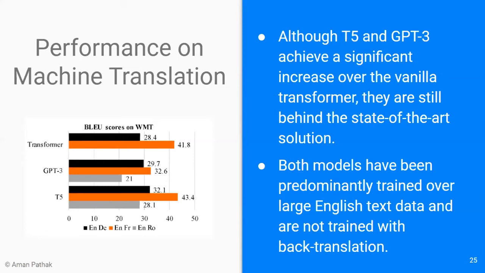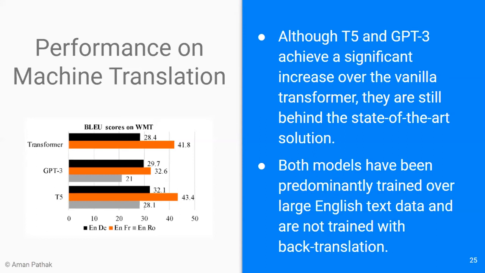GPT-3 and T5 are trained over a large portion of English data, while the state-of-the-art solutions are trained on a mixture of German, Dutch, and English text data in order for them to learn the translation capabilities. And also, those models have been especially trained on back translation.